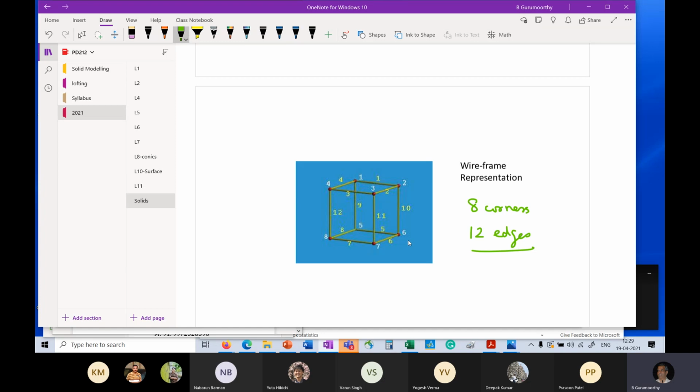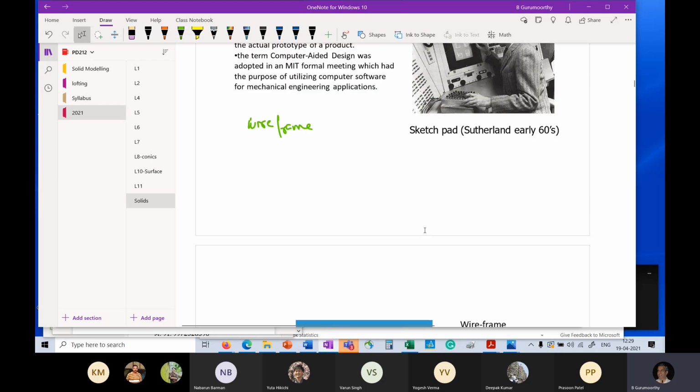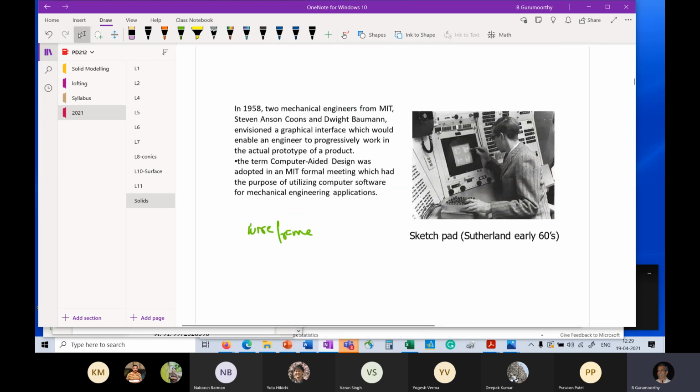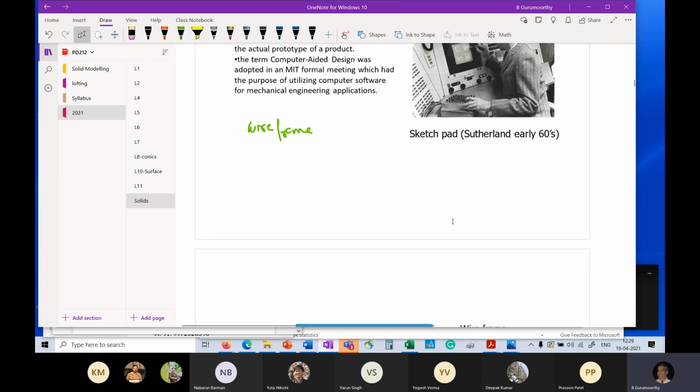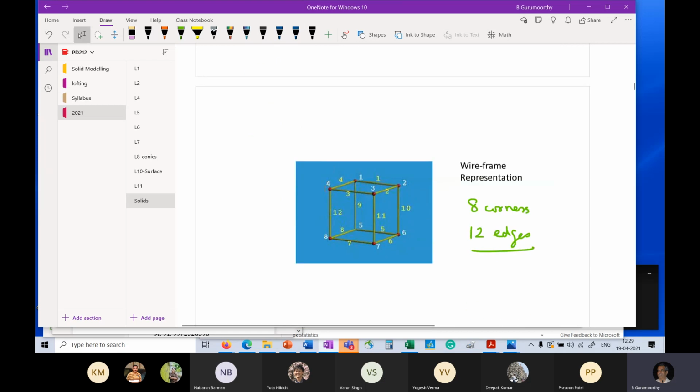Right? That's essentially the wireframe representation. The nice thing about this was that this representation was very easy to process given the computing power available those days. And as you can see, it is also easy to draw, because all you need to do is to have a line connecting points. And that's all it was.